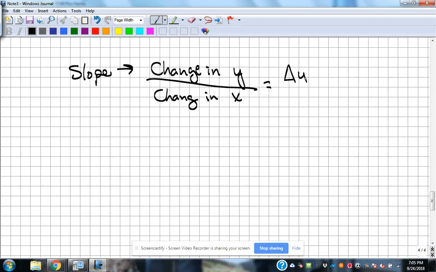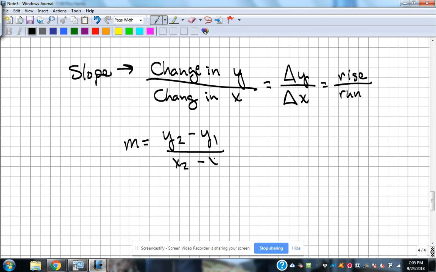Your textbook would have this fancy little formula, delta y over delta x. But we know slope is rise over run. And somewhere along our mathematical journey, we saw a formula where m is equal to y2 minus y1 over x2 minus x1.